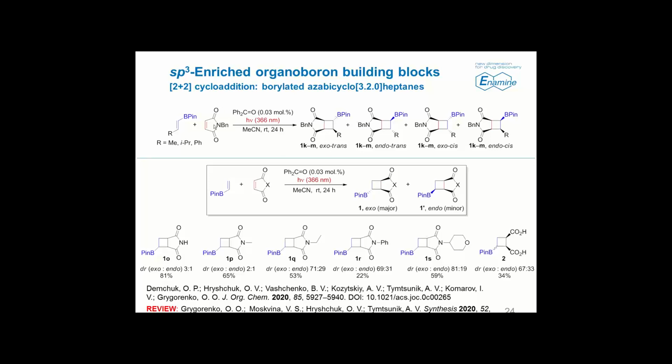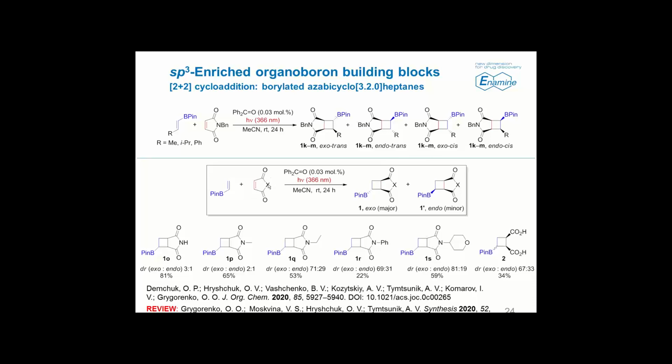So the excited state of maleimide likely reacts in a triplet state, so that formation of all possible diastereomers occurs.